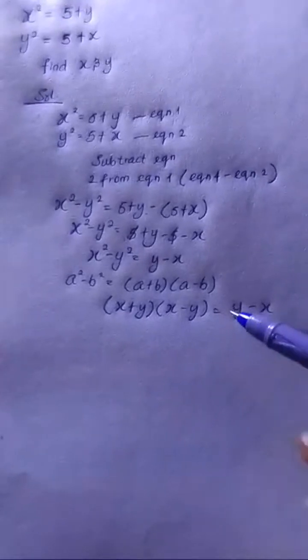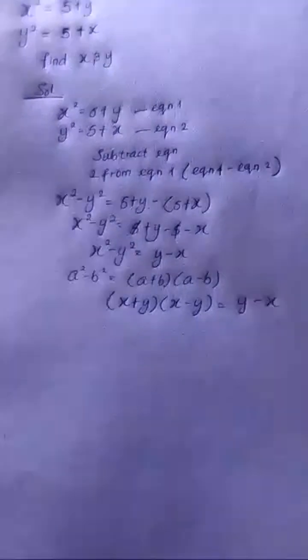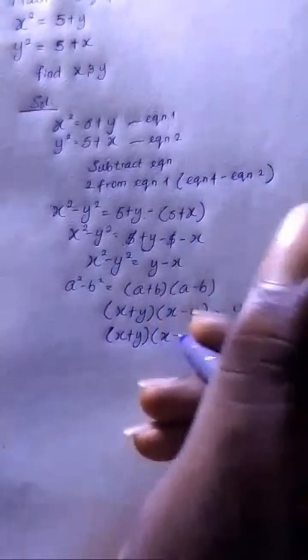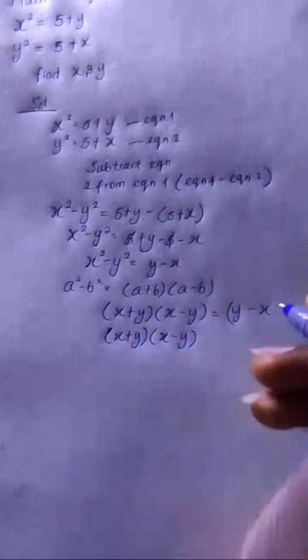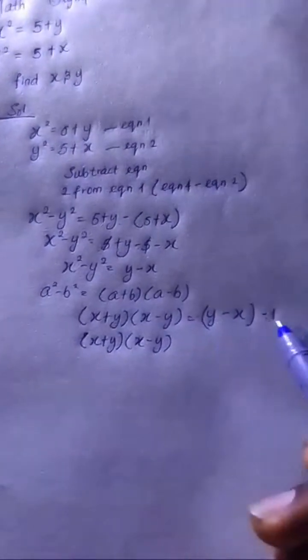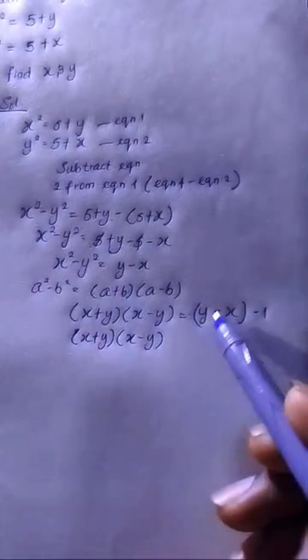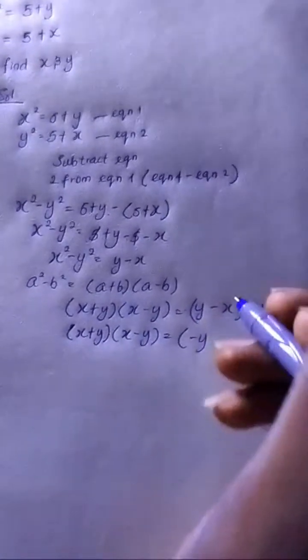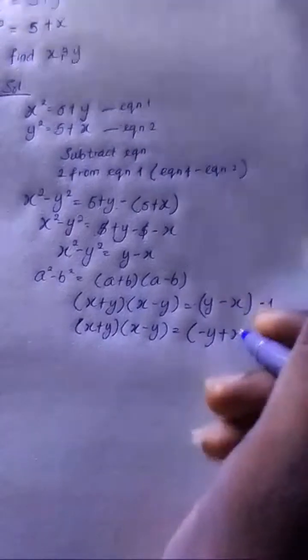How is it similar? To make it similar, we have x plus y, x minus y, and multiply this side by minus 1. So minus 1 times y gives minus y, and minus 1 times minus x gives plus x, right?